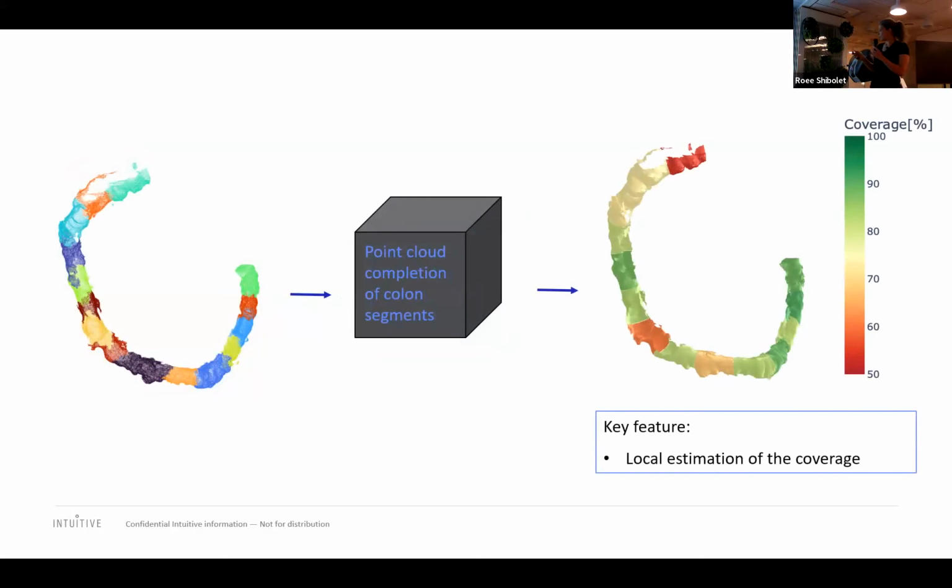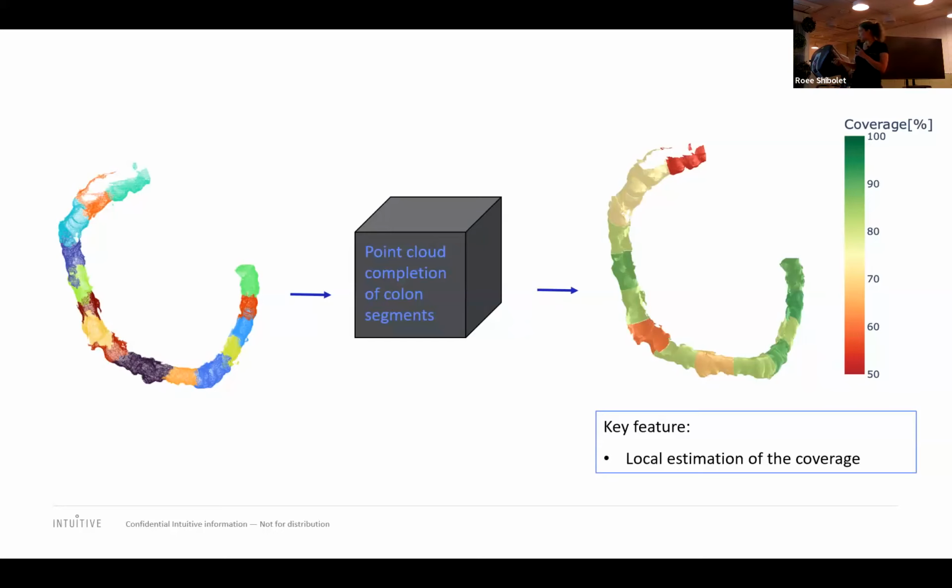However, what we really want is an output that looks like this. Splitting the colon into segments is not only a way for us to be able to build a rich data set, it's also a feature that we want from our output. Why do we want that? We want to have a local estimation of the coverage.